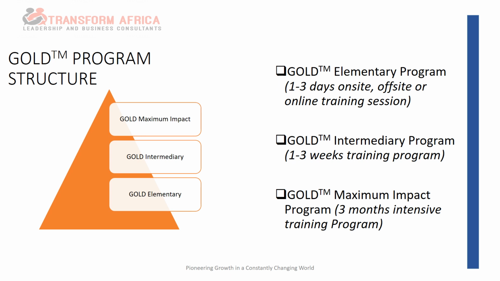Now, the Gold Maximum Impact Program encompasses all the 4 stages of the growth-oriented leadership development framework. But needless to say, we look at the needs of the organization and what management wants to achieve at that particular time, and then we recommend which stage is suitable for the growth of the organization.